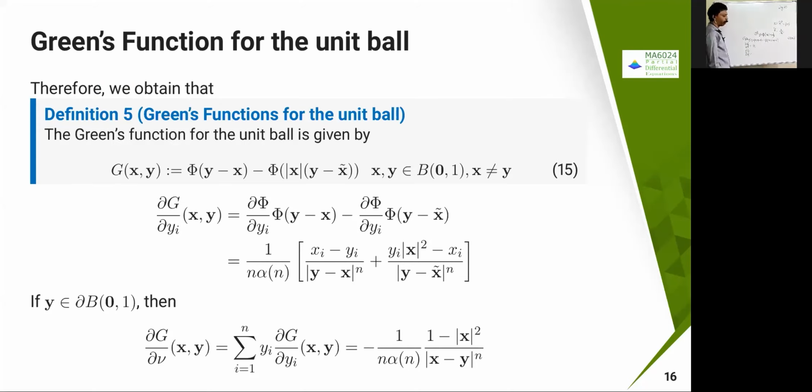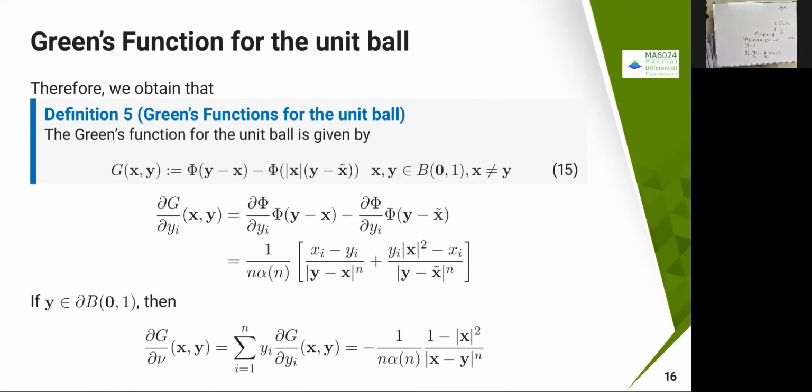dG by dou y_i is going to become like d Phi by dou y_i of y minus x, minus d Phi by dou y_i of Phi of |x| into y minus x-bar. The first one is as it is, no problem: (x_i minus y_i) by the norm of y minus x is going to come.